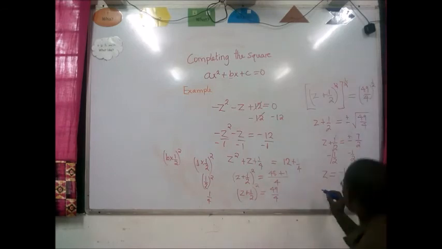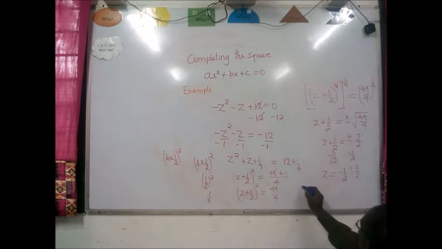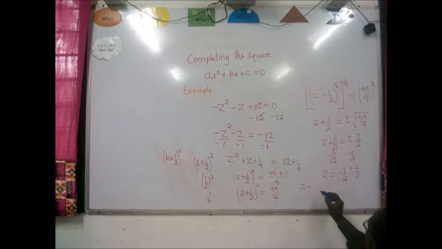Now you can see we are coming to an end. z is equal to negative half plus 7 over 2, which is equal to 6 over 2, which is equal to 3.